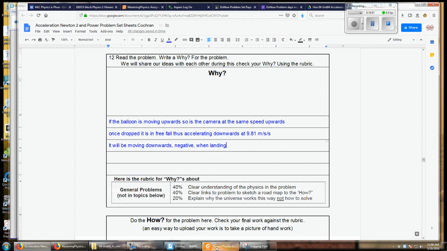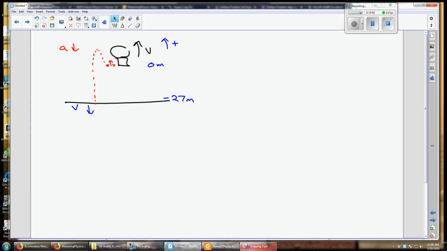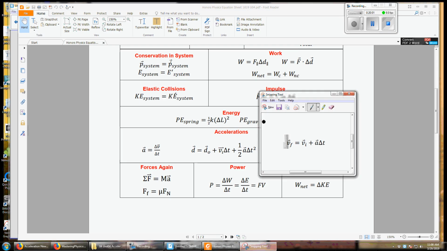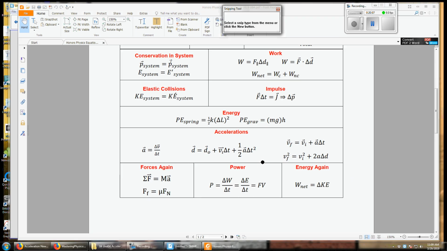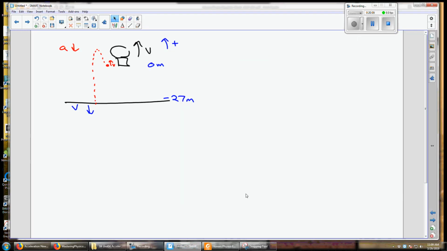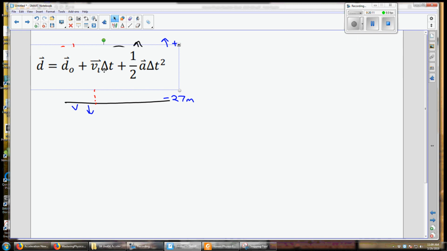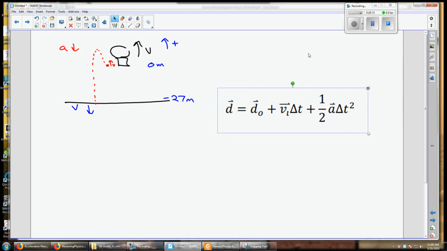All right. I want to know how long it takes to get down there. I'm going to use this, because they tell me some things here. They say, I'm going to land on the ground. That's negative 27 meters.